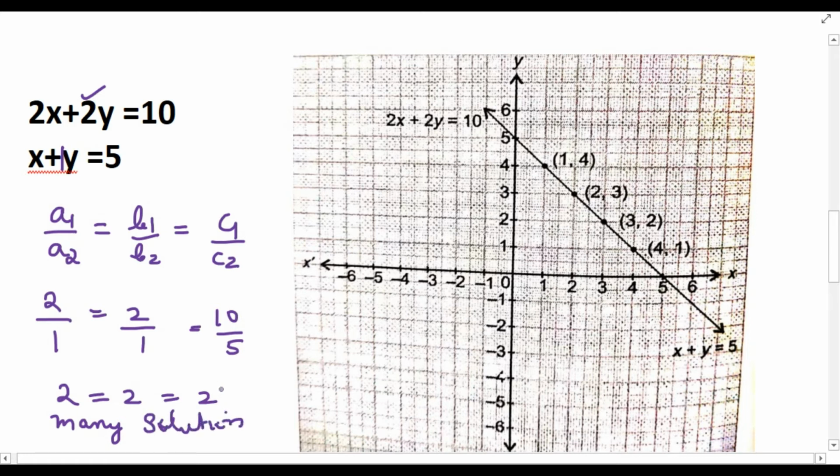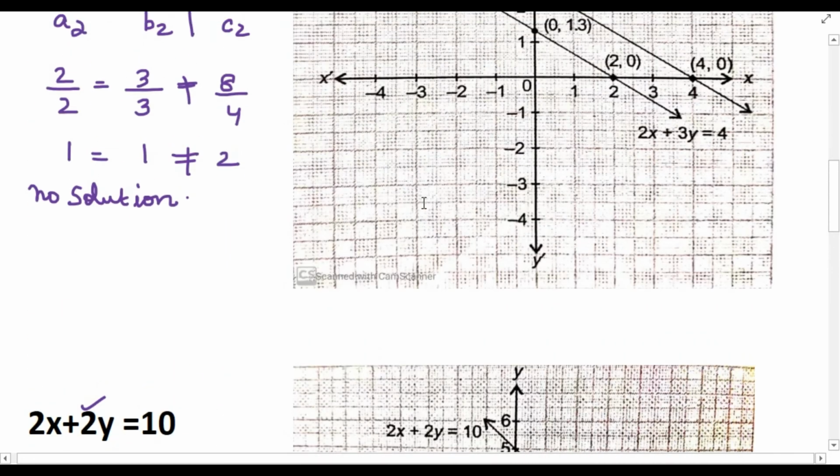Now we can generalize that if A1 by A2 equal to B1 by B2 equal to C1 by C2, then the graph of that pair of linear equations in two variables will be coincident, and also that system of equations will be consistent.